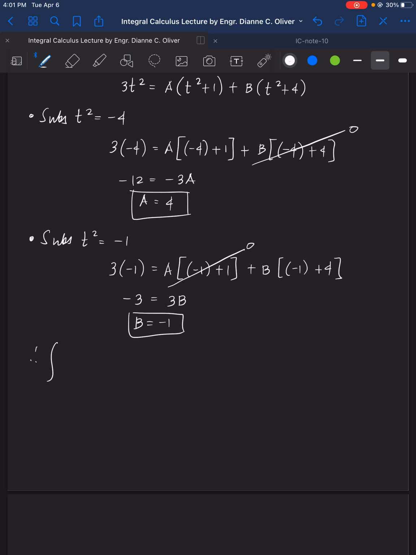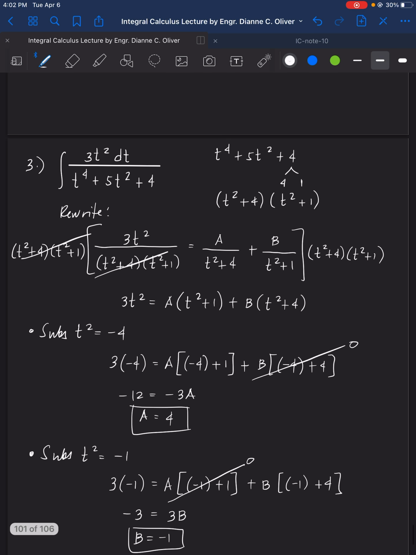Therefore, integral of 3t squared dt all over t raised to 4 plus 5t squared plus 4 is equal to, so what we did here, plus 4 and then plus 1.